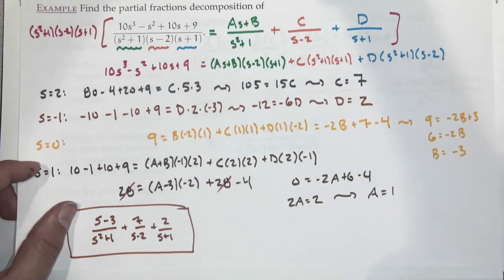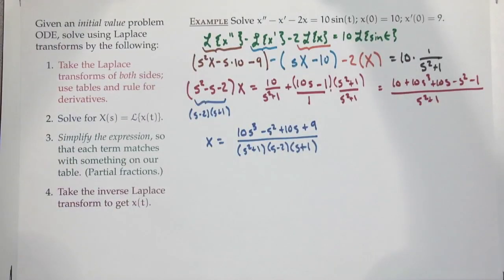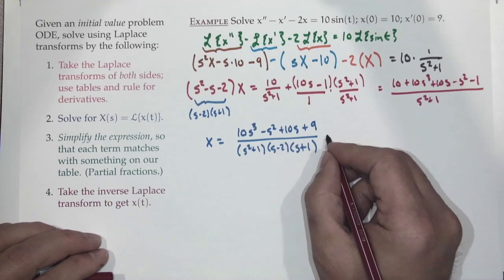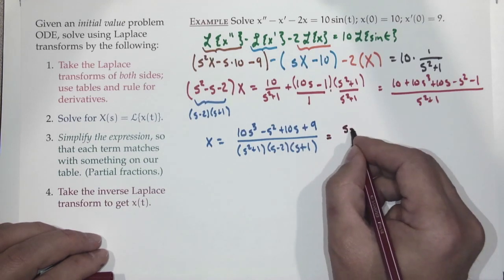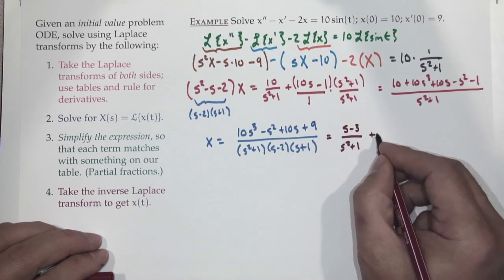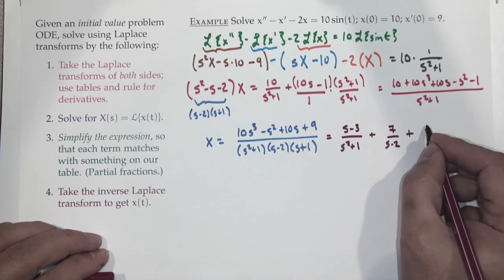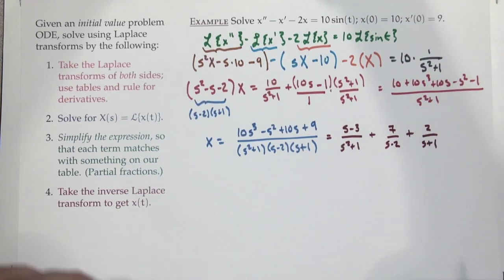It's almost like we anticipated the problem that would come up. Okay, so by partial fractions, also known as copying the previous work, s minus 3 over s squared plus 1 plus 7 over s minus 2 plus 2 over s plus 1.